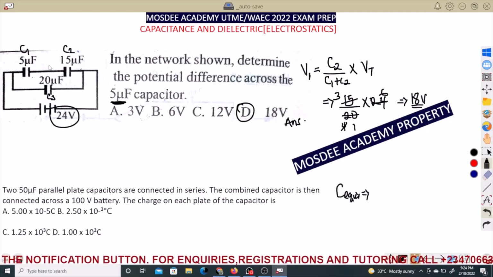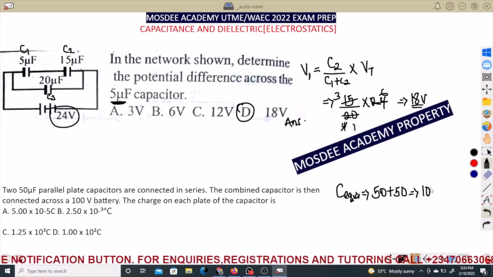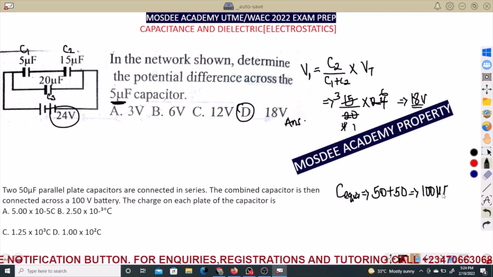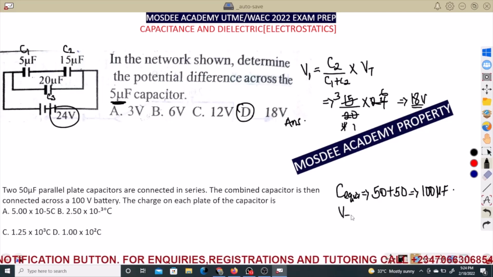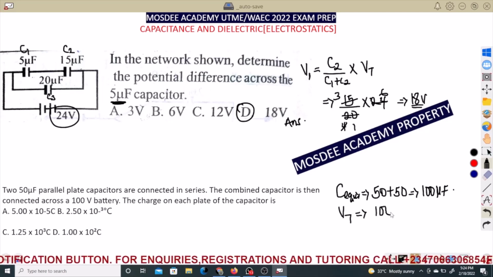We can visualize with what we see as they are in parallel, 2 of them. So you have to add 50 plus 50, which is 100 microfarad, which we have discussed. Now, they are connected across a 100 volt battery. That means the total PD, V total, my dear student, is 100 volts.